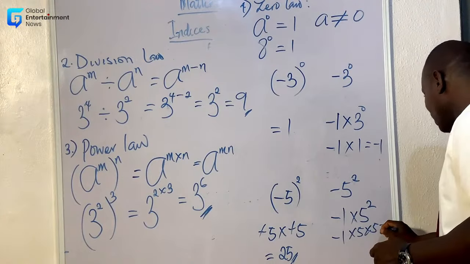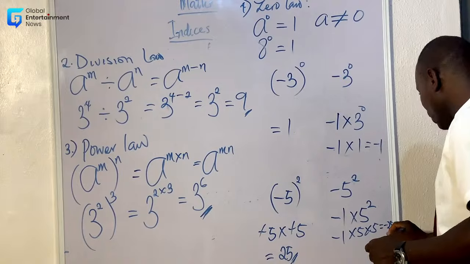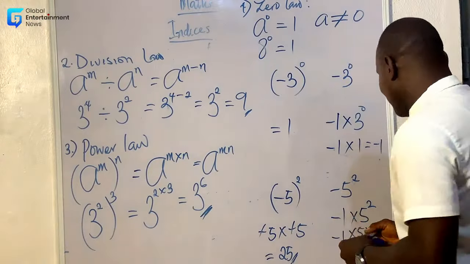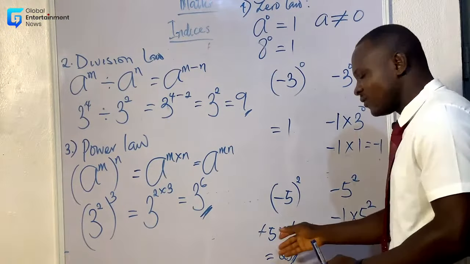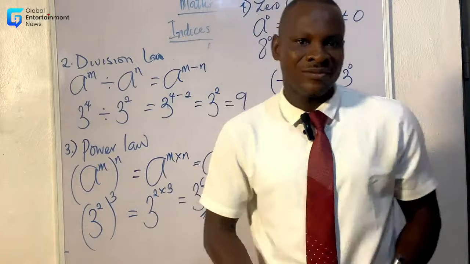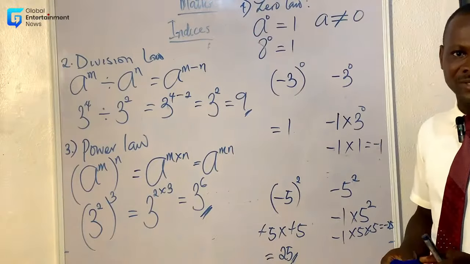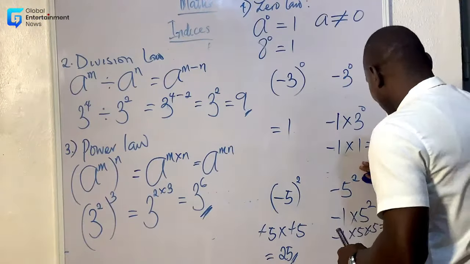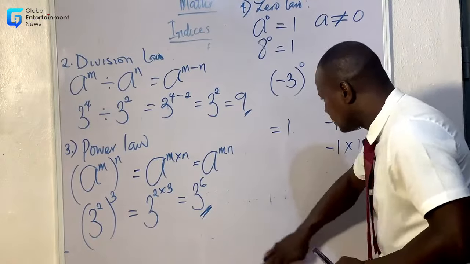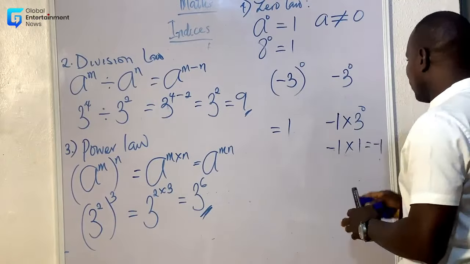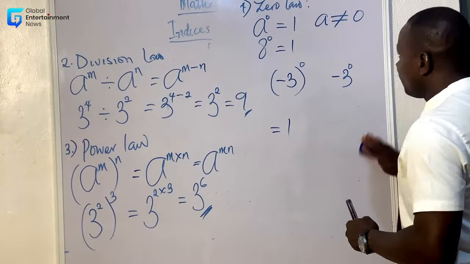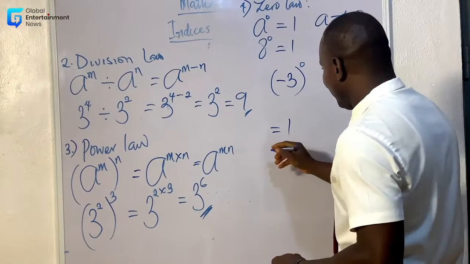Minus 1 times 25 will give me minus 25. Can you see the difference between the minus 25 and 25? I believe you understand. Okay, now that is the zero law, which is the first law of indices.